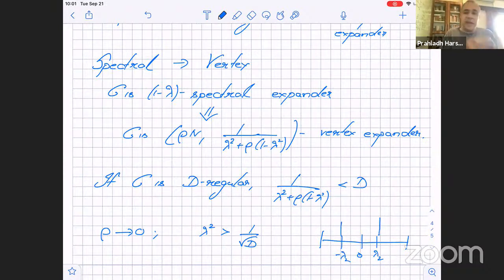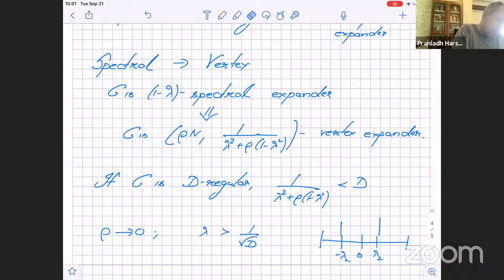It says that this has to be at least 1 over square root D. It cannot be smaller than 1 over square root D. That is, the smaller the second eigenvalue lambda, the better the spectral expansion. If you're working with D-regular graphs, you cannot hope to get lambda to be smaller than 1 over square root D.